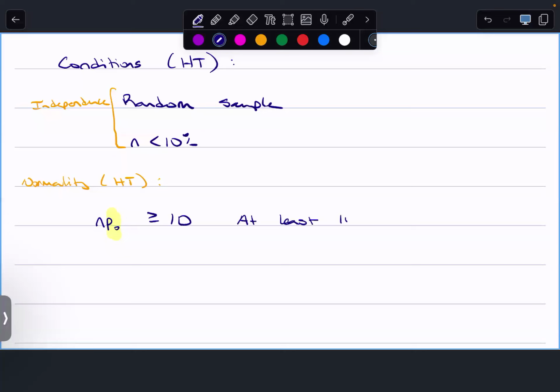At least 10 expected successes. For the confidence interval, it was observed, but for a hypothesis test, it's the expected.